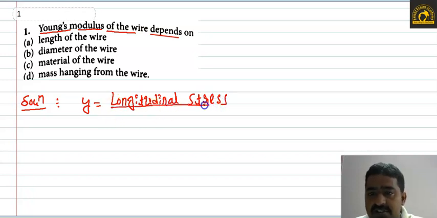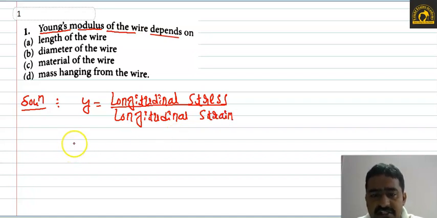This ratio is called Young's modulus. So this is the shortcut: stress by strain. That is called Young's modulus.